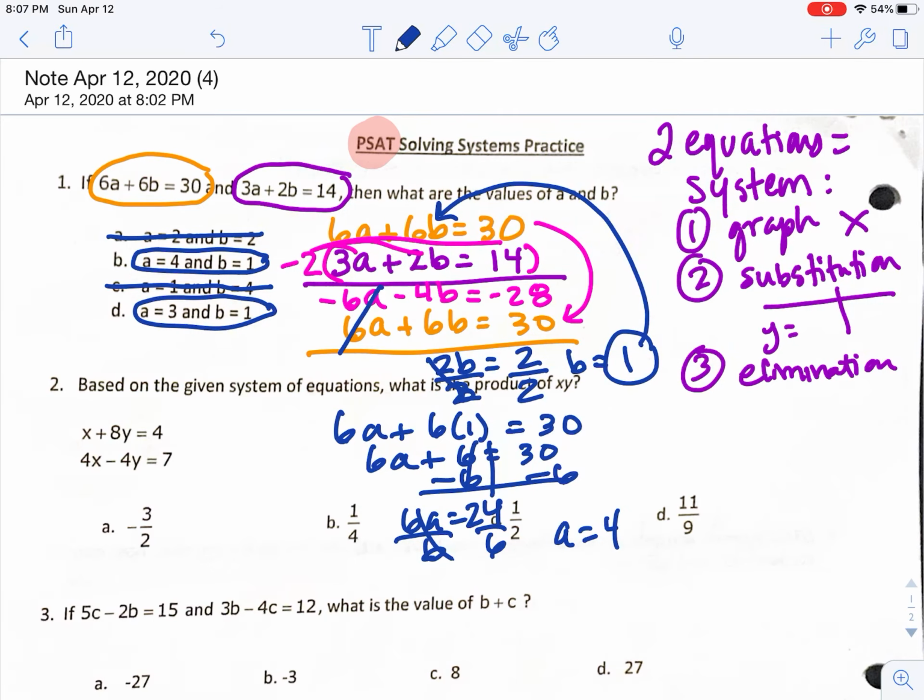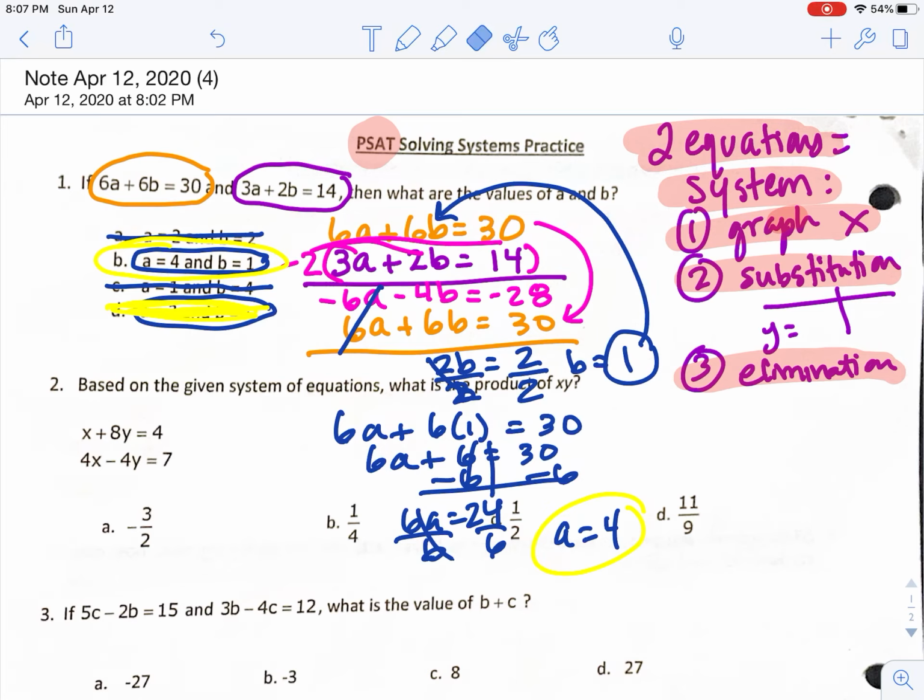So my final answer would be B and not D. Okay? But that just tells you how you find your answers. So it's just simply using a system. Anytime you see two equations, it's a system. 3 choices: graph, substitution, or elimination, depending on the different equations that you're given.